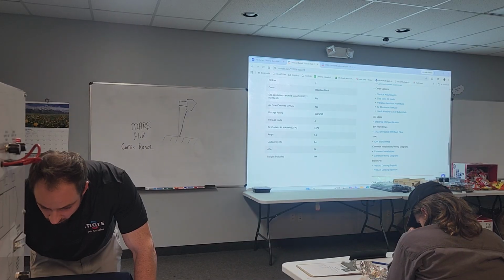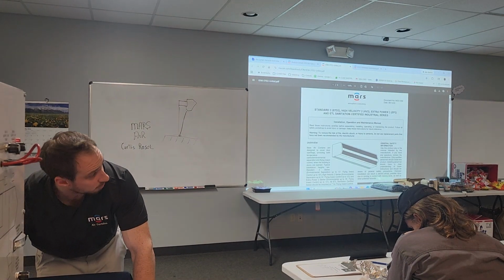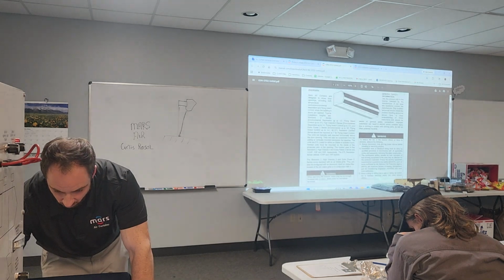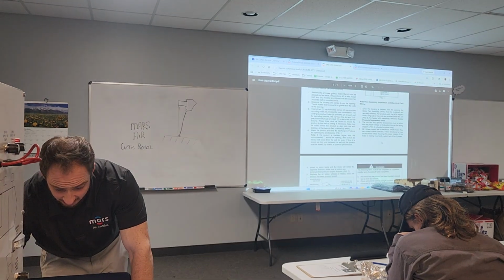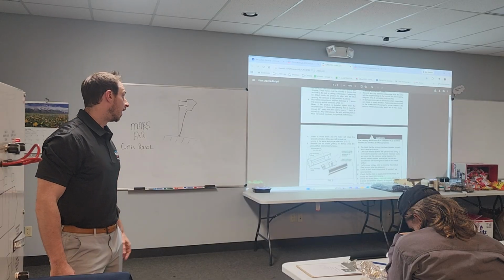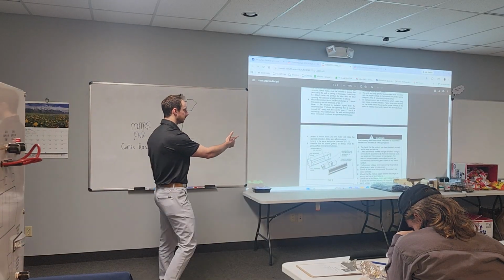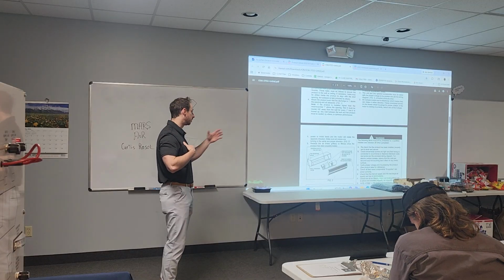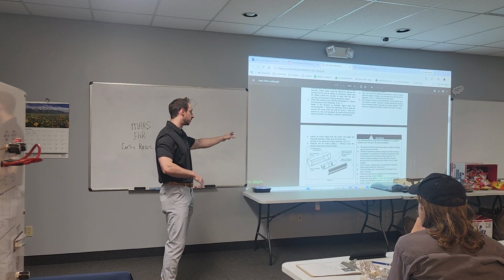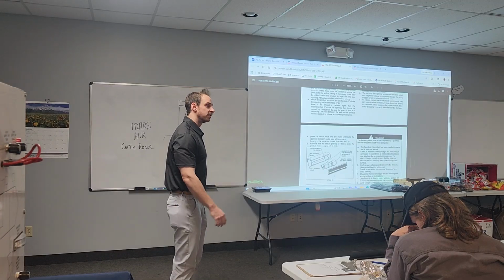The IOMs are pretty comprehensive. I already walked you guys through how to install them. It's pretty straightforward. I guess the other thing to note is for the larger units, we ship those with the housing and the motor fan assembly separate, just because that gets really heavy to install.